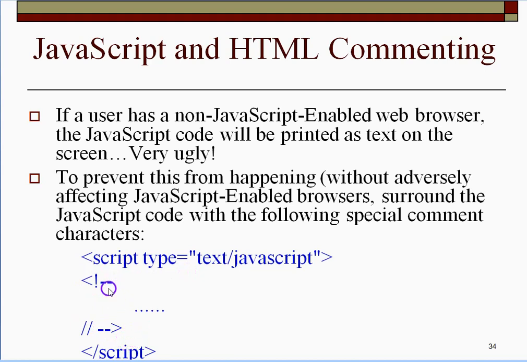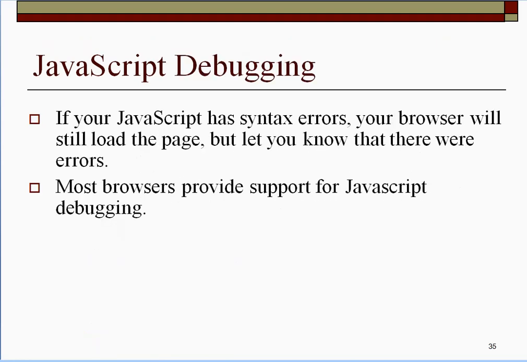In this case, if the browser understands the script tag, then it will also understand the JavaScript code and execute it. But if it didn't, then all of this code would be inside HTML commenting tags, and would have been commented out. Something to keep in mind.